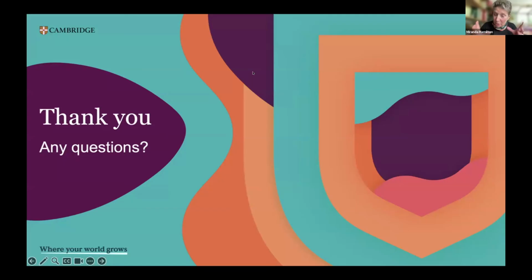So it's about knowing your class. And it is also about thinking about what their needs are in advance and how you can adapt that activity to suit their needs. And differentiation is a fabulous subject.